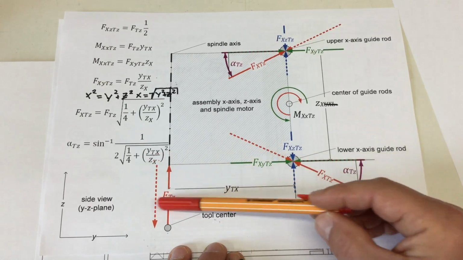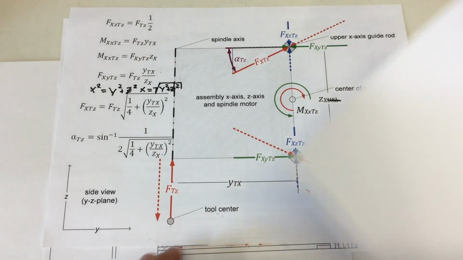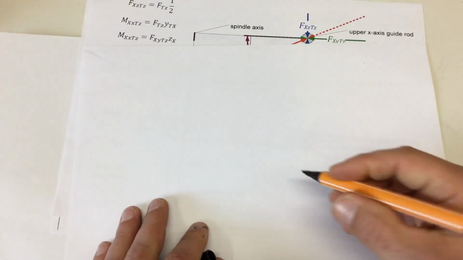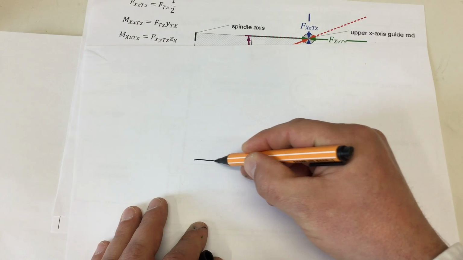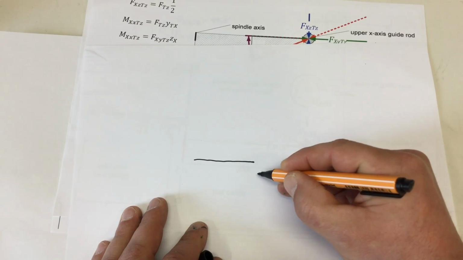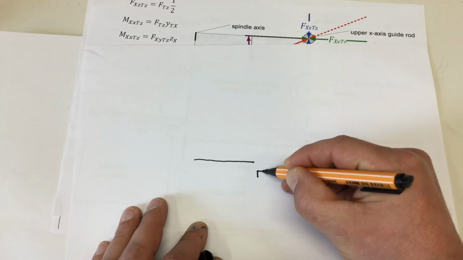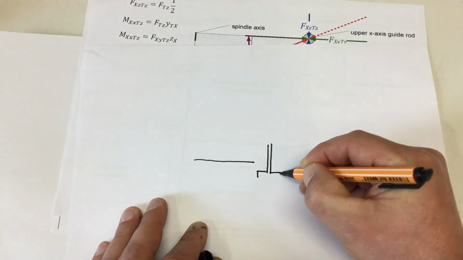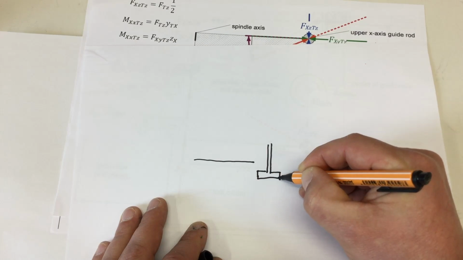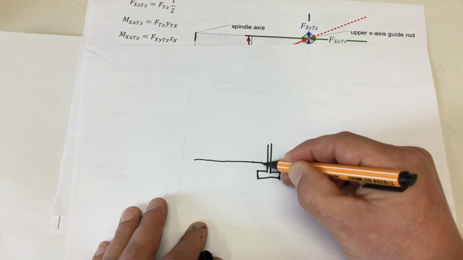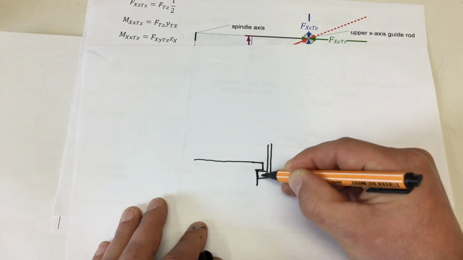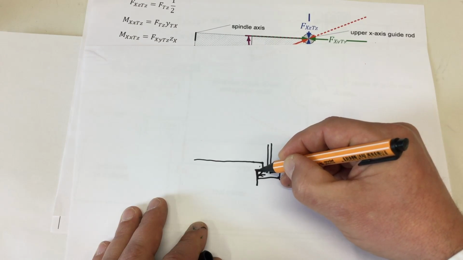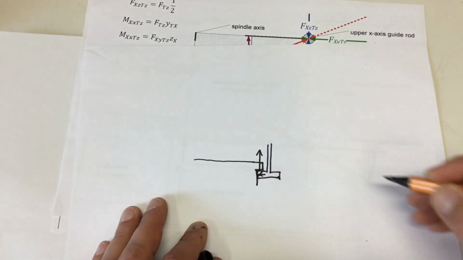Or you are doing some kind of weird hole. Let's say you have a tool that is formed like that. And now you're cutting sideways into the material. And then you move the whole shebang upwards.